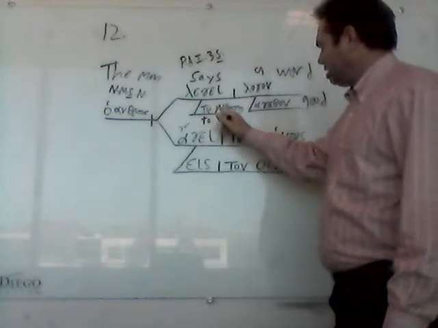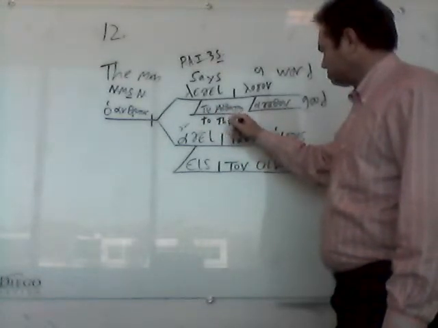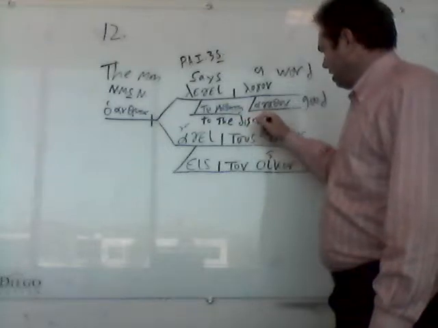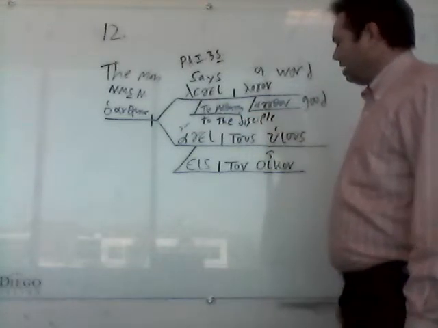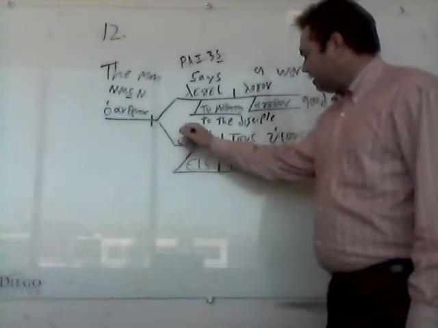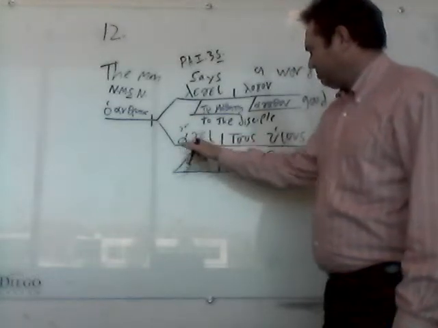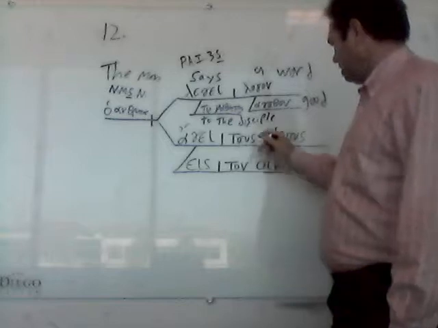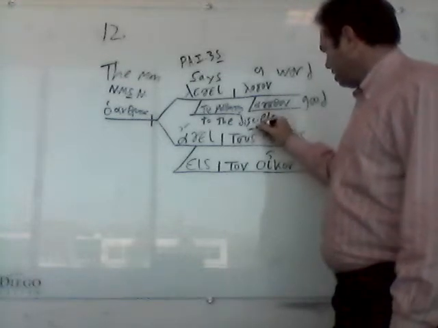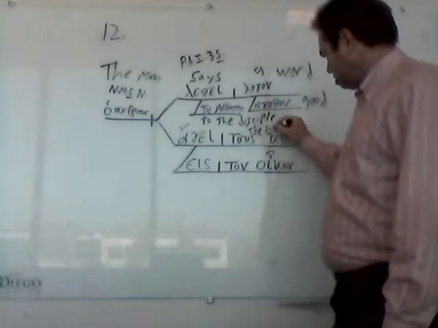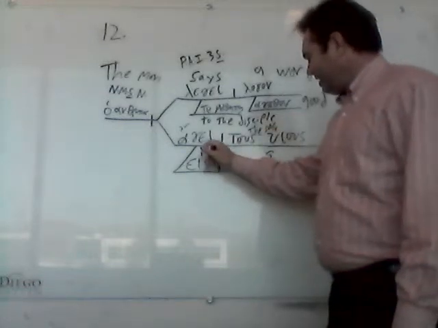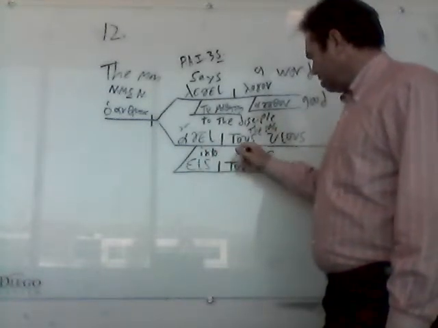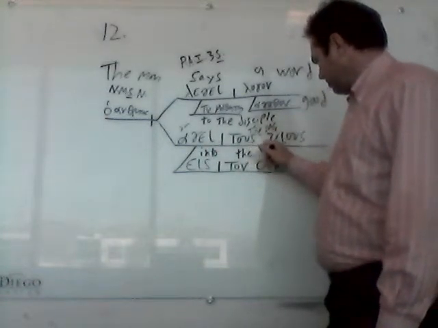To the disciple, indirect object. And he leads. Man, I don't have a lot of room here, but we could write leads here, that's what it means. He leads the sons into the house.